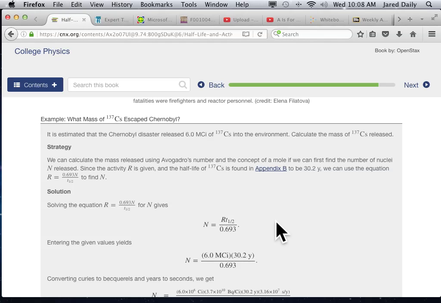We do the same thing in medicine using radioactive isotopes that usually have much shorter half-lives to measure things that go on in the body, to measure blood. They'll put isotopes into the blood and watch it decay, and as it decays they can make images of things in the body. They use radioactive isotopes to kill things in your body, cancer. So they'll create a radioactive isotope that's only active for maybe a few days, maybe a few weeks, maybe a few months, but it's radioactive enough that it will kill things around it.